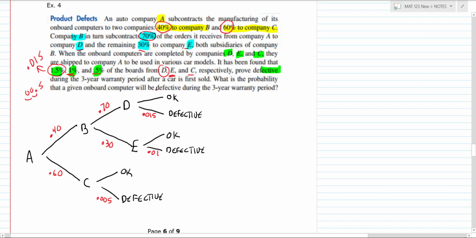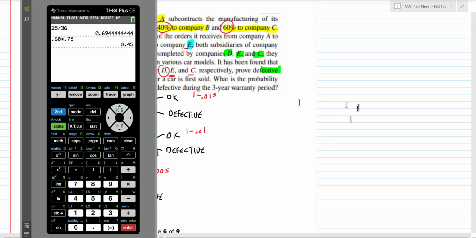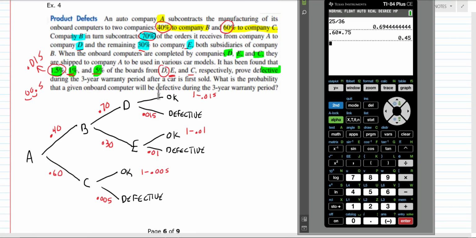You can figure the rest out pretty easily. What goes here is 1 minus 0.015, what goes here is 1 minus 0.01, and what goes here is 1 minus 0.005. You can use your calculator if you need to. I don't have to give you both because you subtract from one to get the other. So 1 minus 0.015 gives 0.985.